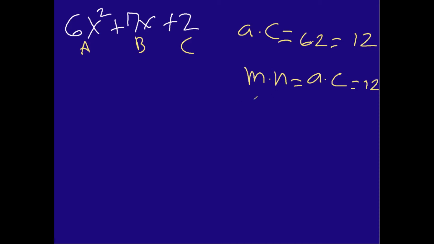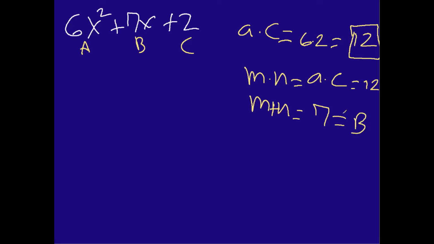And if we add these two terms together, whatever two factors we have, they must equal the middle term, the B. I know this is getting confusing; we're going to do an example. The sum needs to be 7, because that's my middle term, or it needs to equal B.